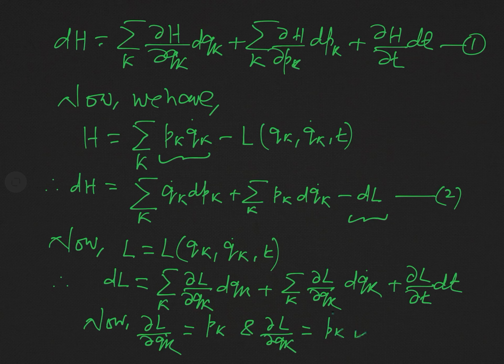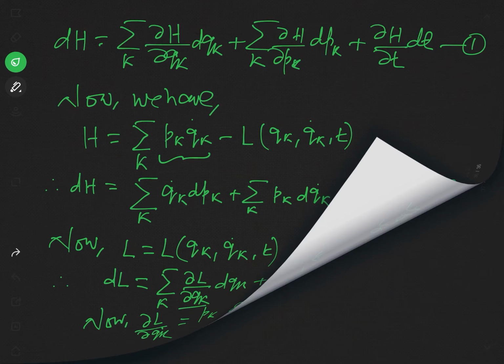Now let us substitute these two values in the above equation. So here del L by del qk will be replaced by pk dot, and this del L by del qk dot will be replaced by pk.